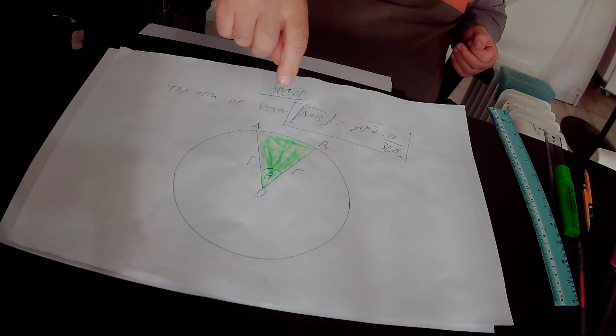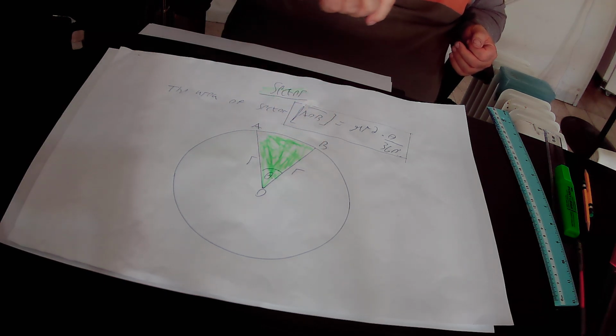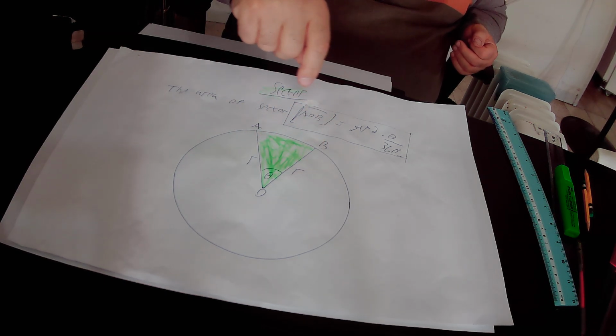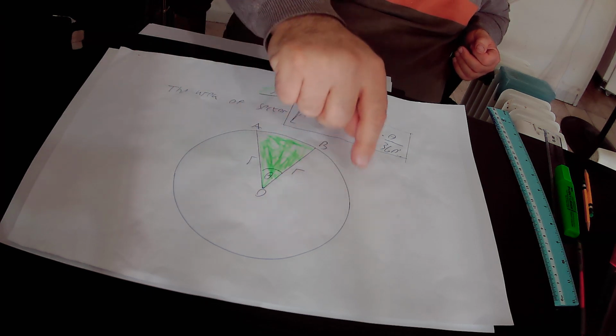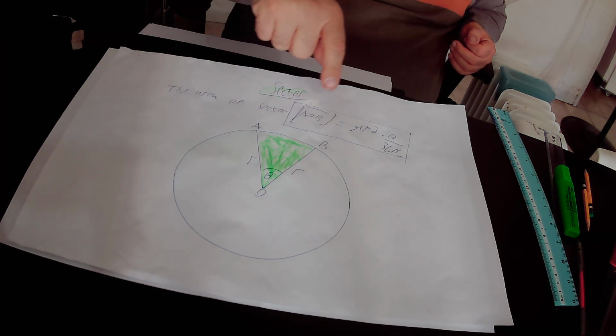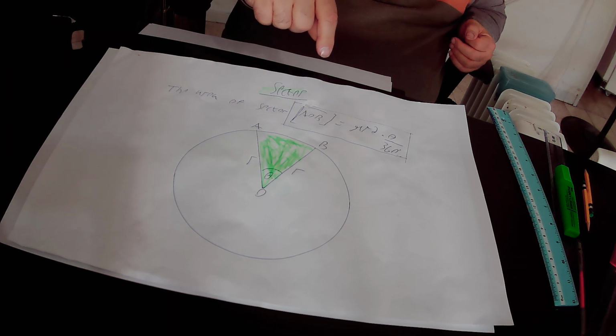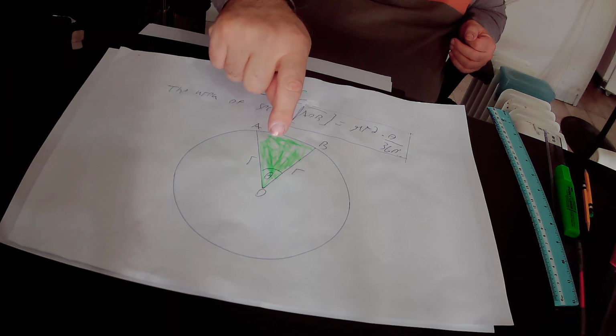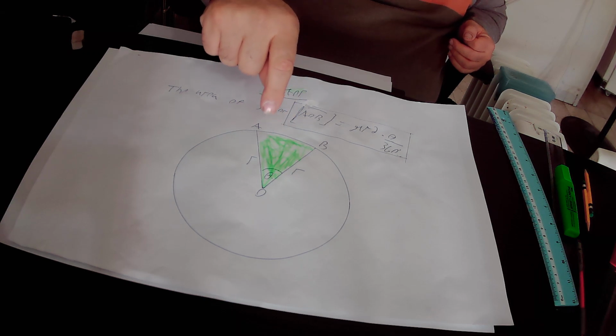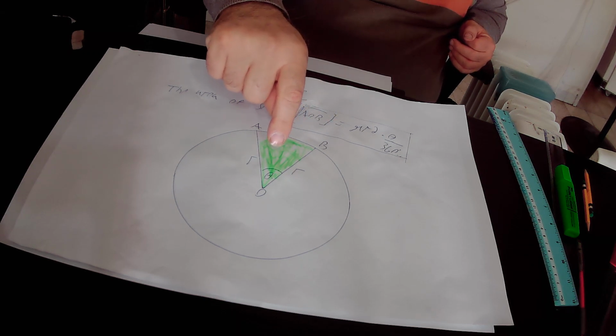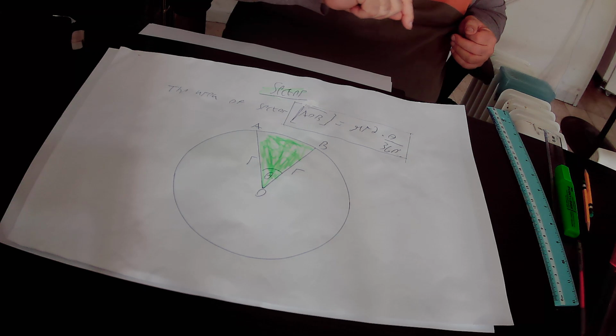So the area of this sector AOB is equal to the area of the circle that contains the sector, that is pi r squared, because the radius of the circle is r, times theta, the angle between the legs AO and BO of this green sector AOB, over 360 degrees.